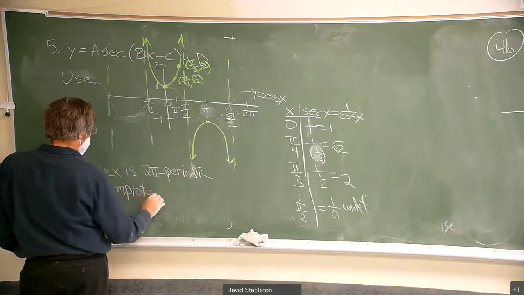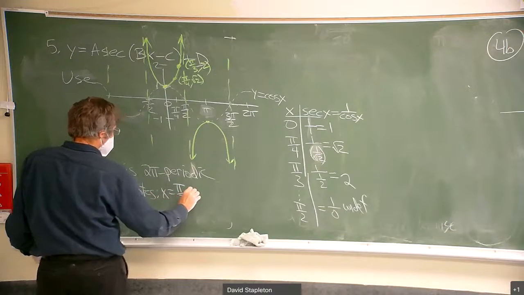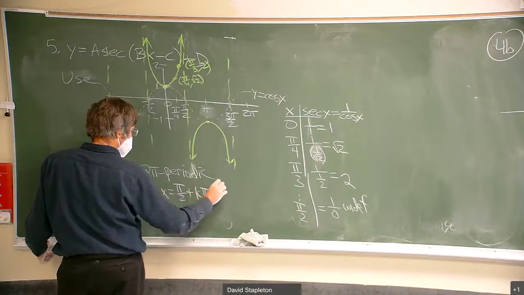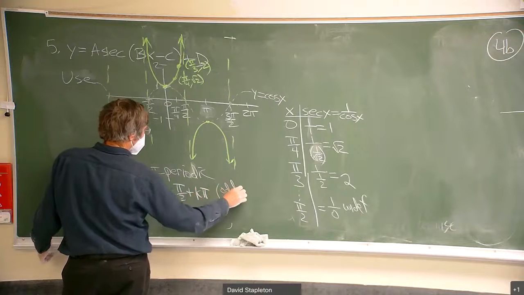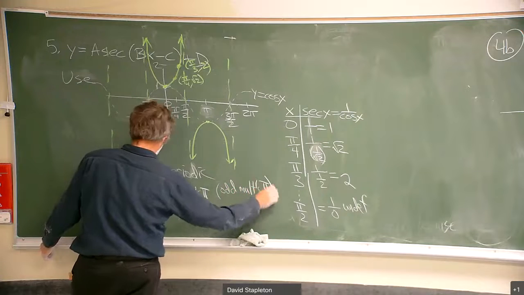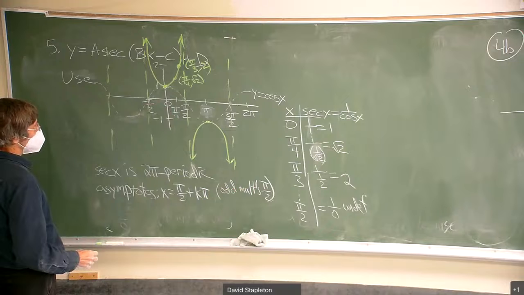Asymptotes at odd multiples of pi over 2. X equals pi over 2 plus any whole integer multiple of pi. Odd multiples, odd over 2. Just like tangent.